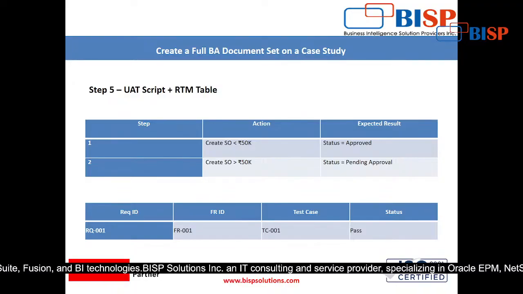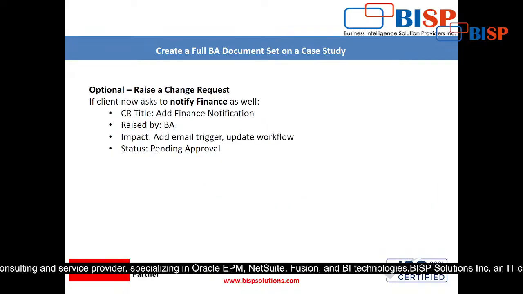That is the test case requirement. And finally, what was the status now? This is the status, that it is a pass. So this is how the UAT script and RTM table work. Now let's see this also, just a second.